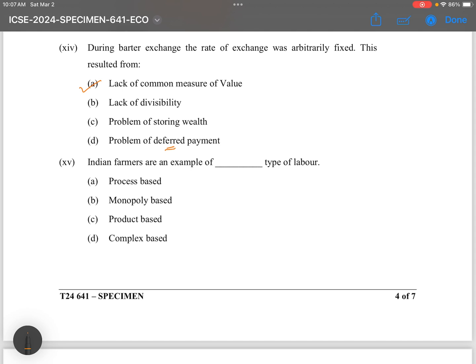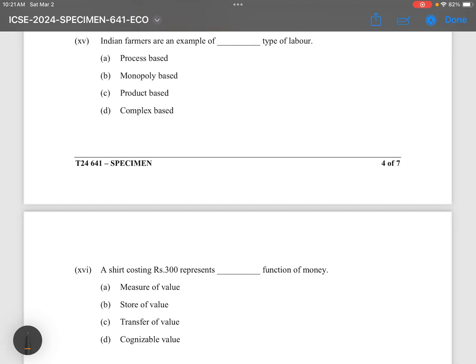How to determine how much my good is worth in terms of other goods available in the barter market? So there was no common measure of value, which now in terms of money we are able to do much easier.